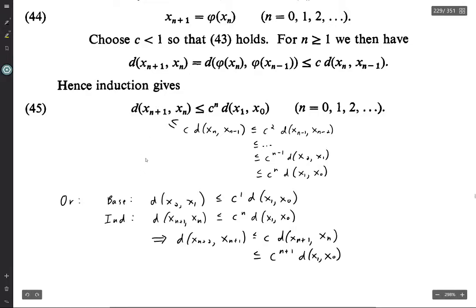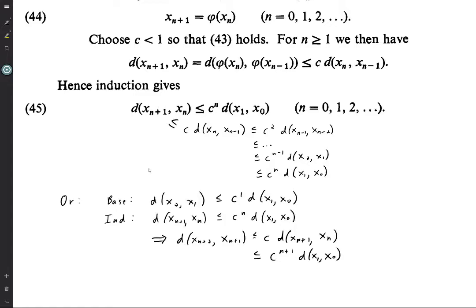And then the induction case, if we assume that the distance between x_{n+1} and x_n is less than or equal to c to the n times the distance between x_1 and x_0, then if we look at the distance between x_{n+2} and x_{n+1}, we first apply that above fact, and we get that that's less than or equal to c times the distance between x_{n+1} and x_n.